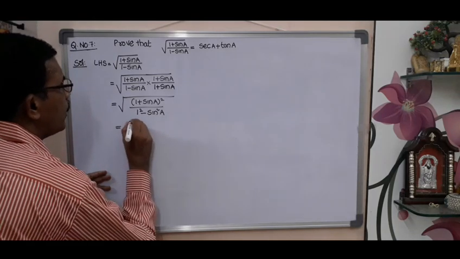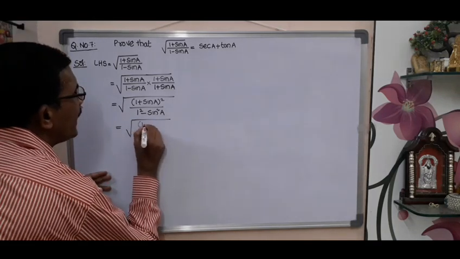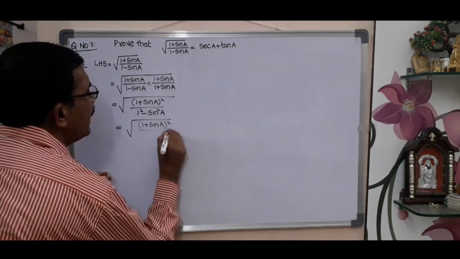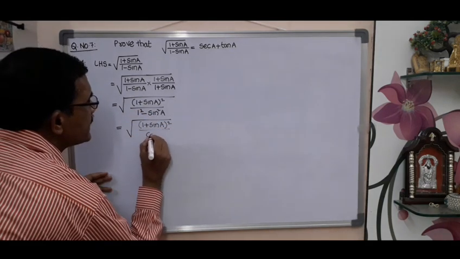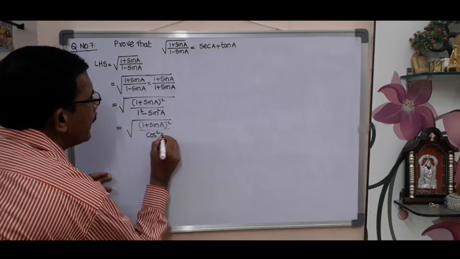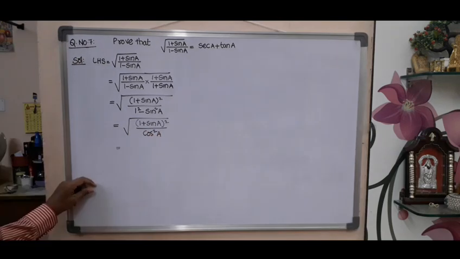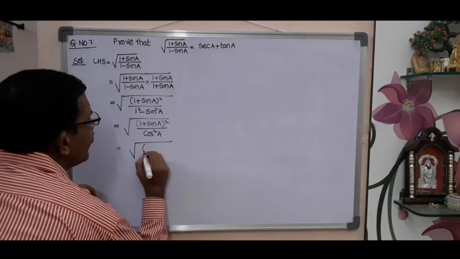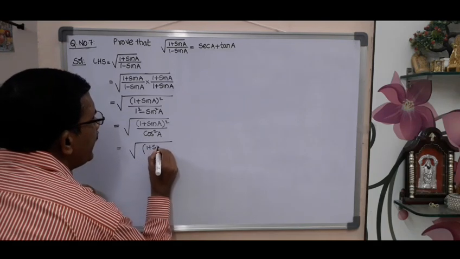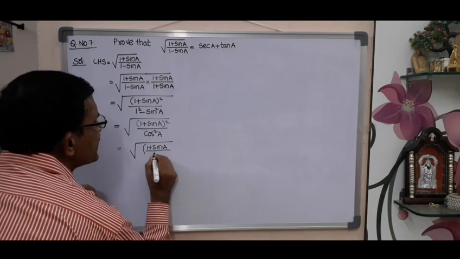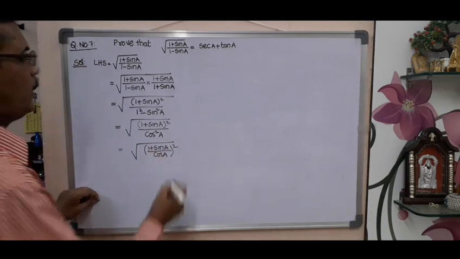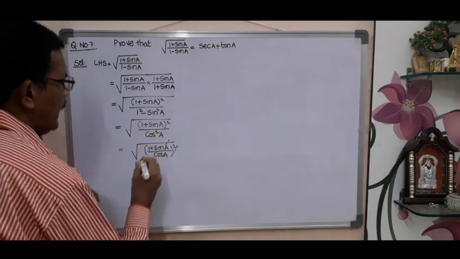That is equal to under root 1 plus sin A whole square by 1 minus sin square A, which is cos square A. This is equal to under root 1 plus sin A by cos A whole square, we can write. So this square and this root will get cancelled.